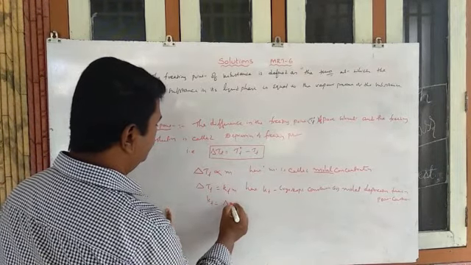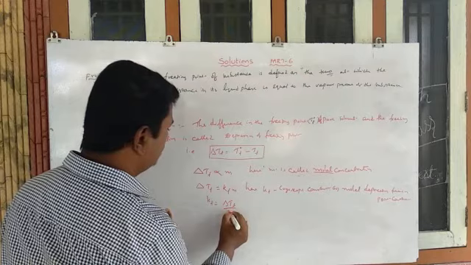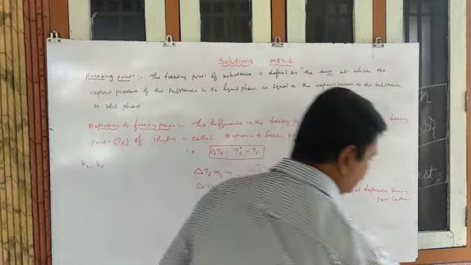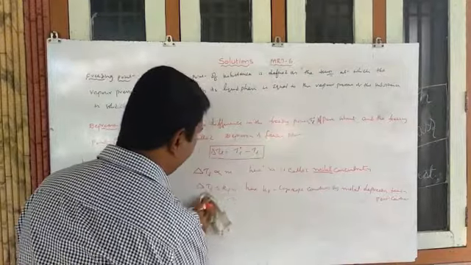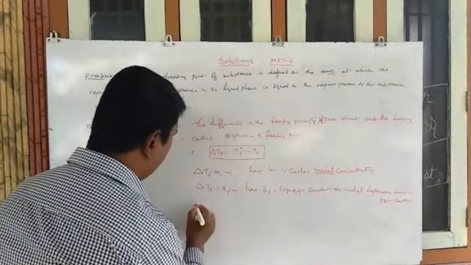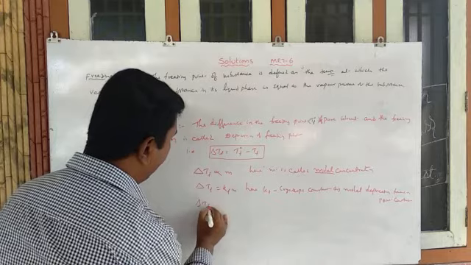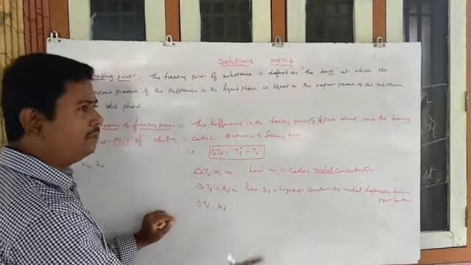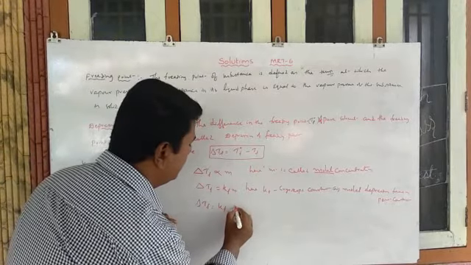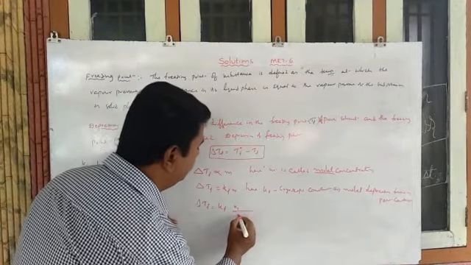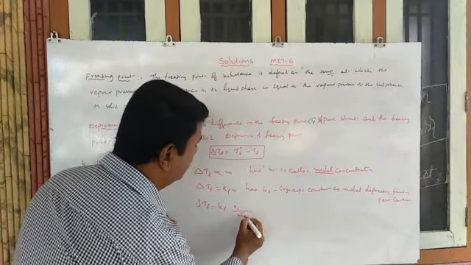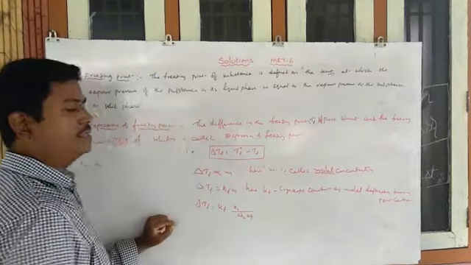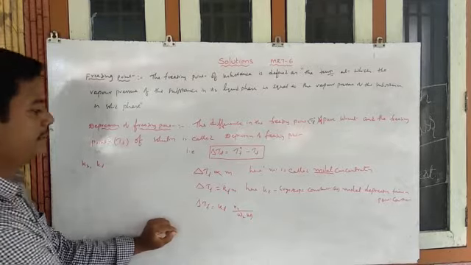Kf equal to delta Tf by small m. Or before going to that, delta Tf equal to Kf into molality, meaning N1 moles of solute is dissolved in W2 kilograms of solvent.